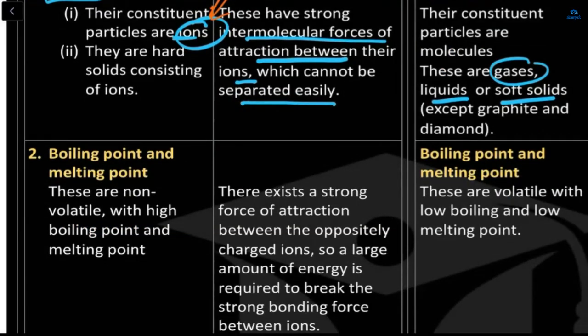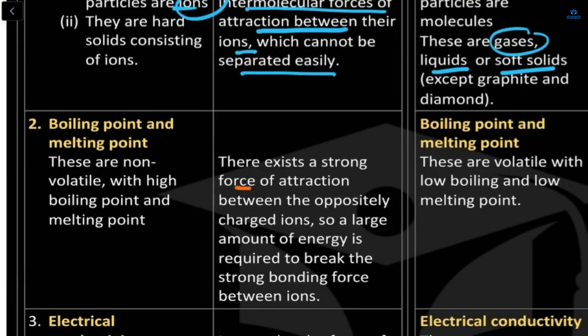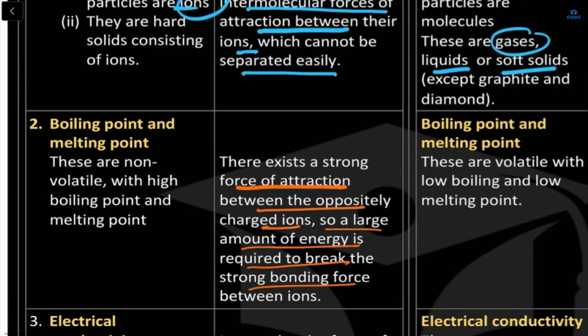What about the melting and boiling point? If there exists a strong force of attraction between the positively and negatively charged ions, a large amount of energy is required to break the strong bonding forces, right? Let's say there is one object and another object, and they have very strong intermolecular forces between them.